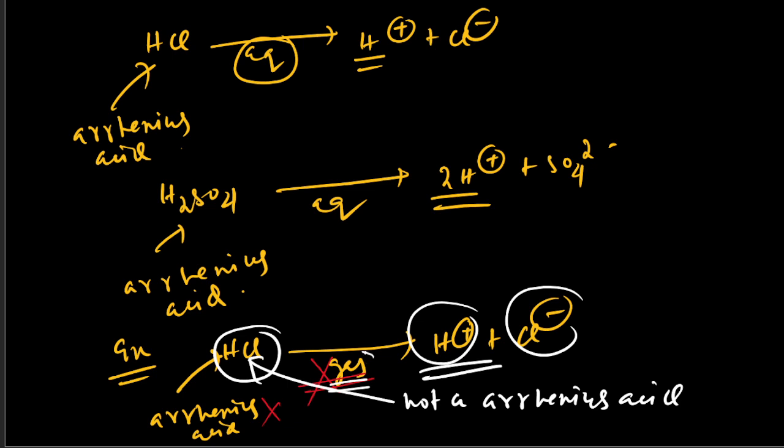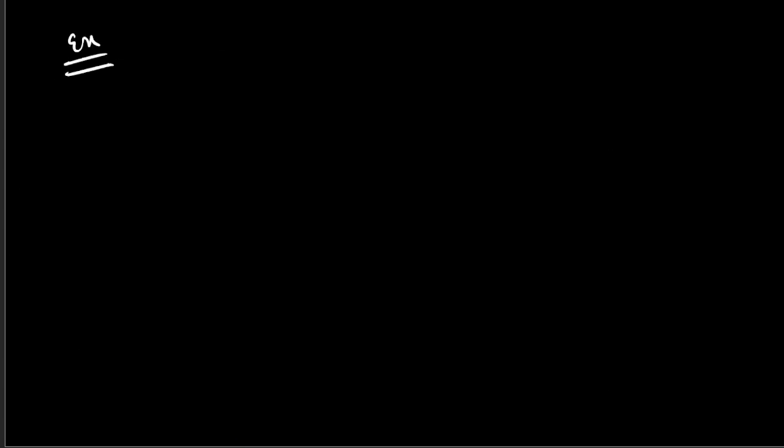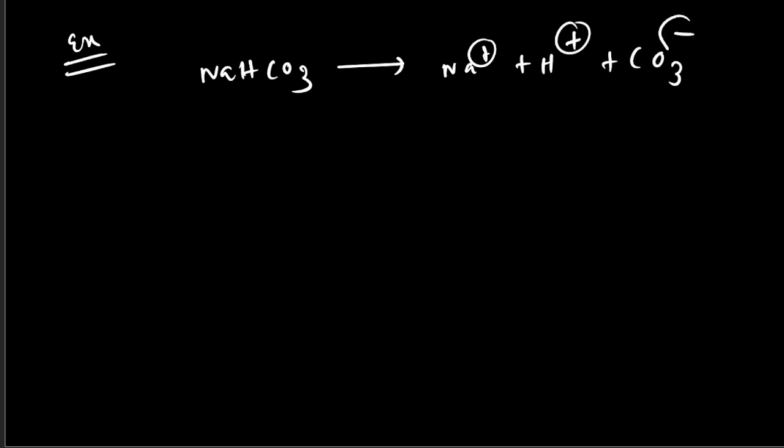So here, since aqueous solution is not there, although it is giving H plus positive ions, it is still not considered an Arrhenius acid. Similarly, another example: NaHCO3, what will it give? Na plus, H plus, CO3 minus. This is in aqueous solution. Is it an Arrhenius acid?